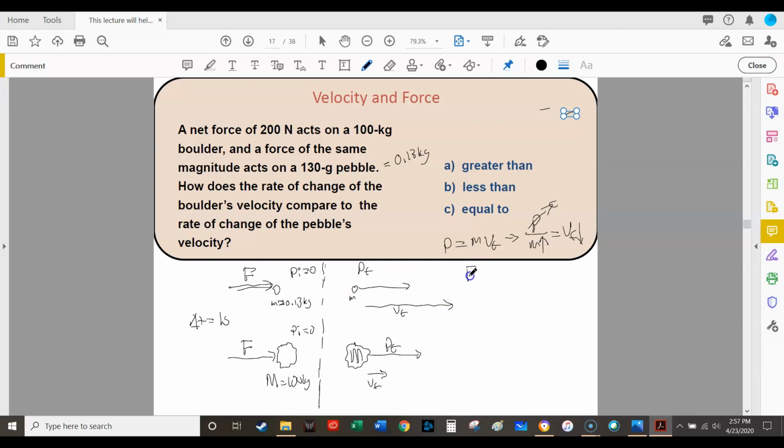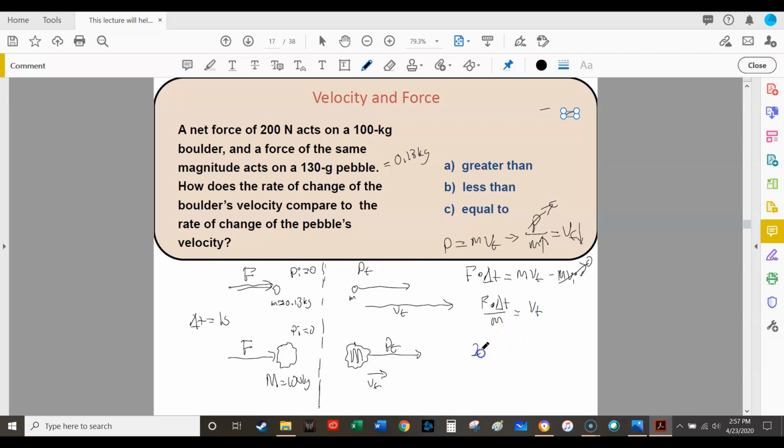I'm going to start out with F delta t, just like I normally do, and that's equal to the change in momentum, which is mv final minus mv initial. These two objects were not moving, so the initial momentum was 0. The final velocity is what we're going to try to find, so we divide both sides by the mass, and we have that final velocity.